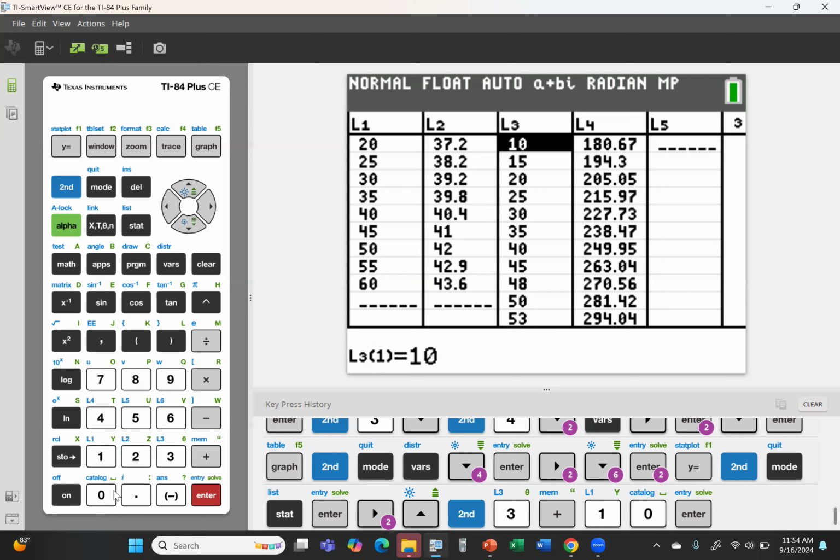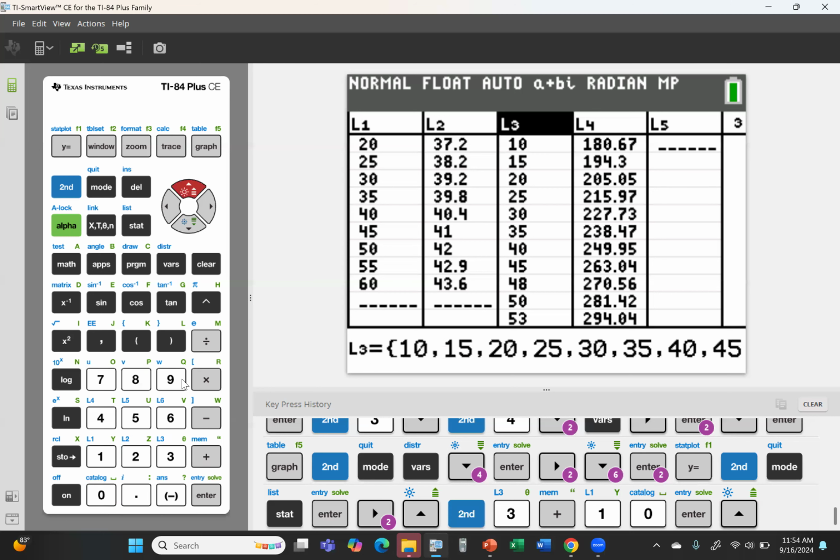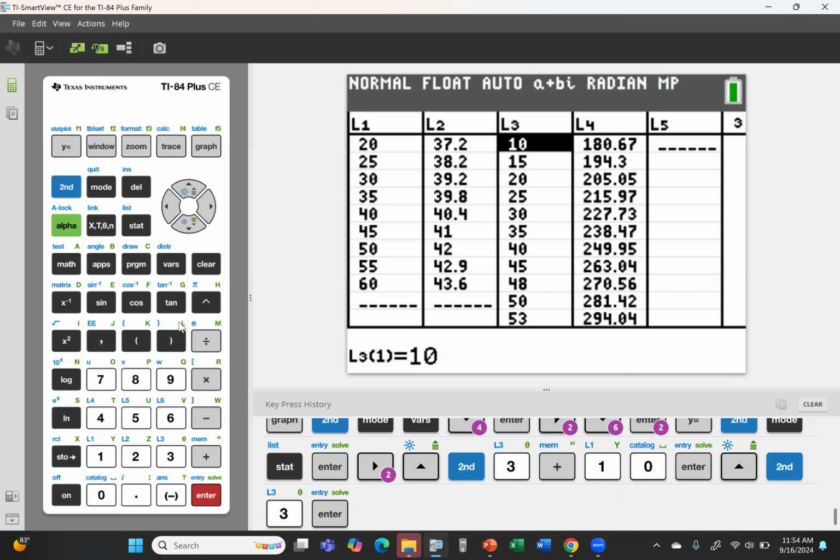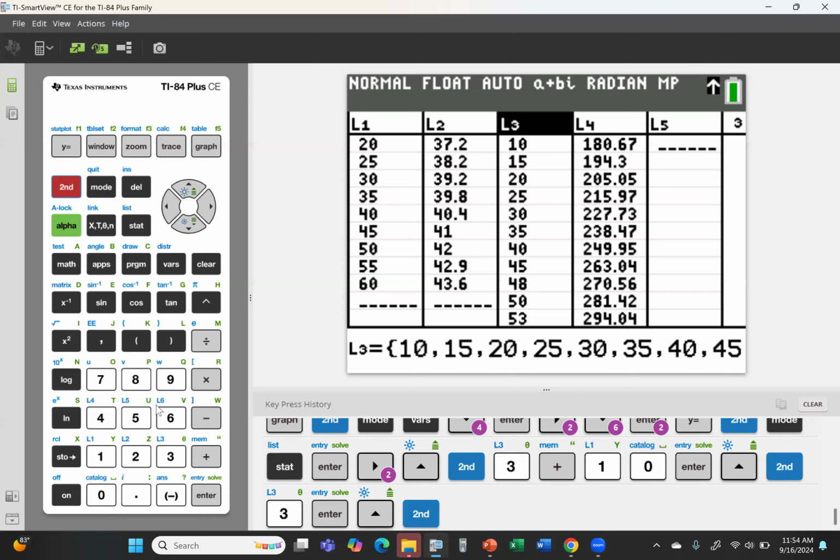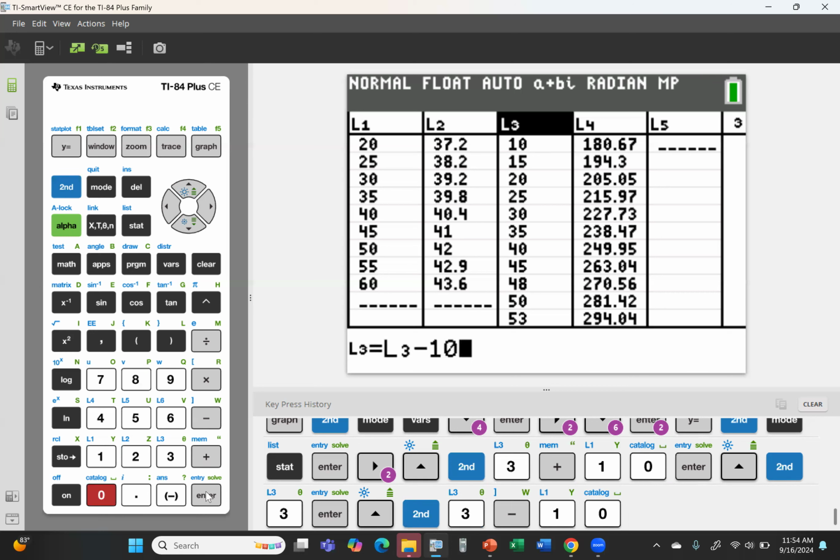Now, the other thing I could have done, I'm going to take that out. So I'm going to change that back to L3. Whoops, I got to do L3 minus 10. Sorry about that, folks. So L3 minus 10. So that's the original set of data.